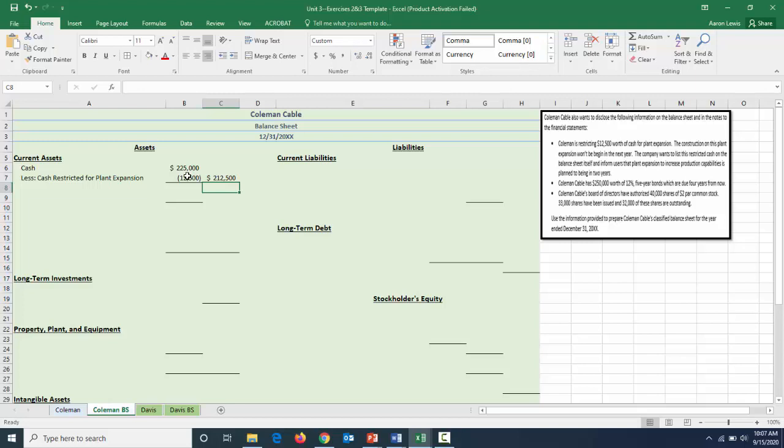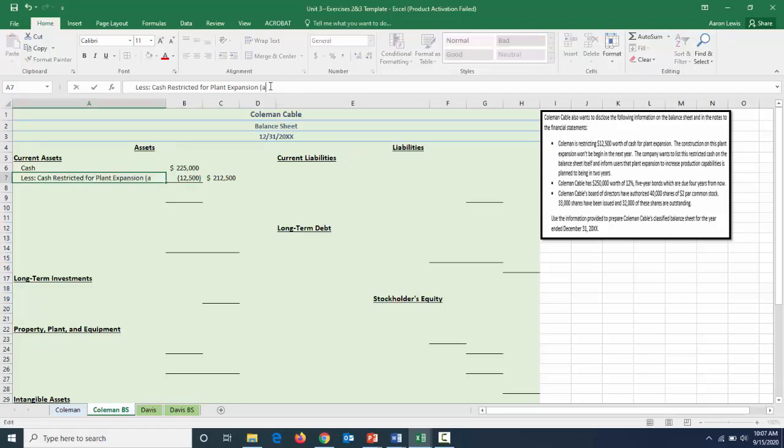I think people are going to want to know a little more about this restriction, so we're going to do this. After the end of the account, we're going to put a little footnote citation. So in our notes, we can disclose even more information about this, and we'll call that item A. So let's put a little A after cash restricted for plant expansion.